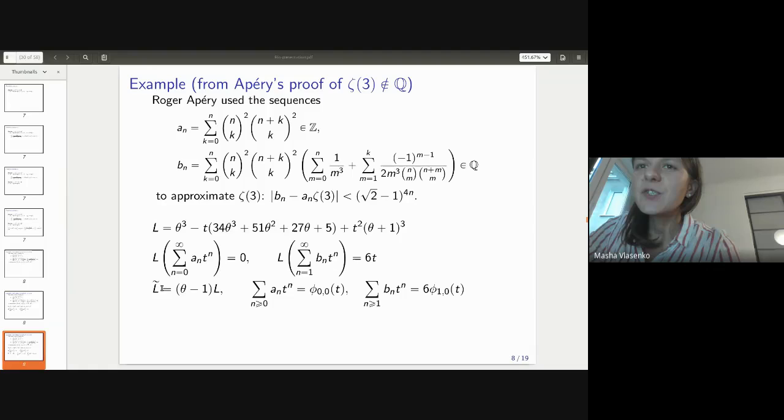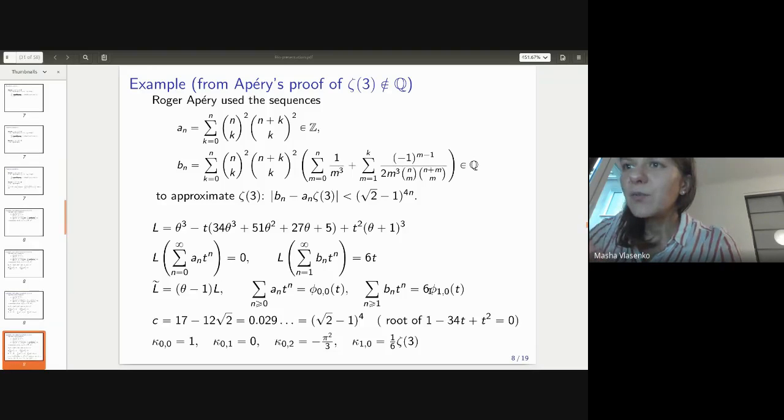And for this differential operator, at t equals 0, there are two local exponents, 0 of multiplicity 3 and 1 of multiplicity 1. And the two generating functions in Apéry's proof are Frobenius solutions up to a constant 6 here.